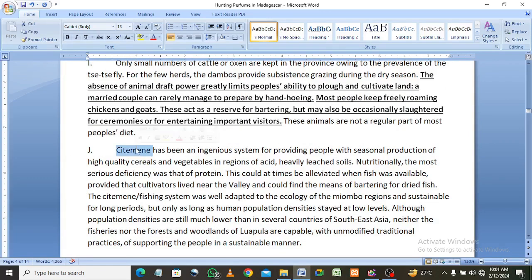Okay, I've seen Cistern here. So I have to underline it, make it bold. Has been an ingenious system. You see now, ingenious system is also known as what? Sophisticated system. Okay.